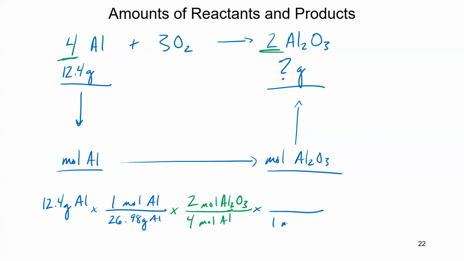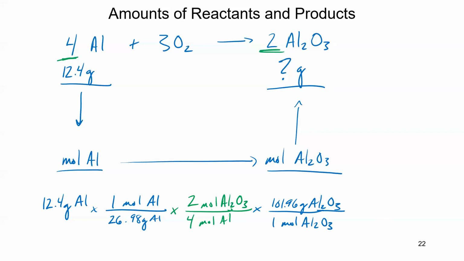Right? And then that last conversion factor, we know how to do this. We know that 1 mole of aluminum oxide, we can calculate that in grams. 26.98 times 2 plus 16 times 3 gives me 101.96 grams of aluminum oxide. Is it clear where all of those conversion factors came from?